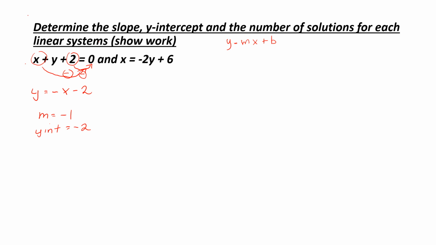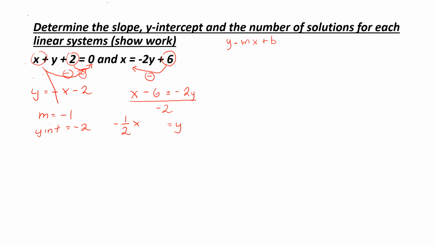I now look at the second equation, and I want to get y alone. So I'm going to take 6 and subtract 6 from both sides. I now have x minus 6 equals negative 2y. I now need to get y alone by itself, so I'm going to divide both sides by negative 2, giving me y equals, the number in front of x is 1, so that's 1 over negative 2, or negative 1/2 x.